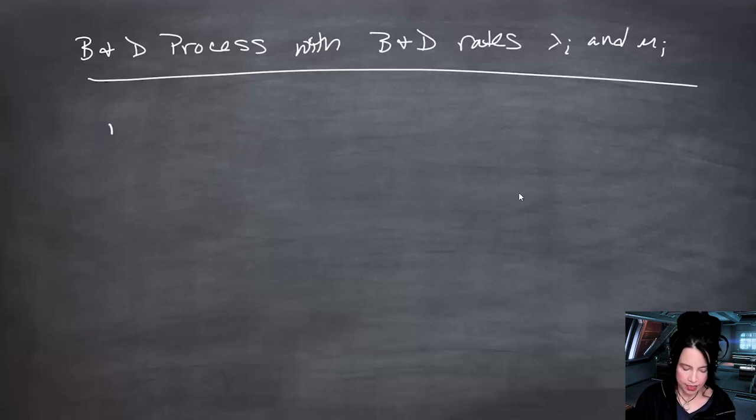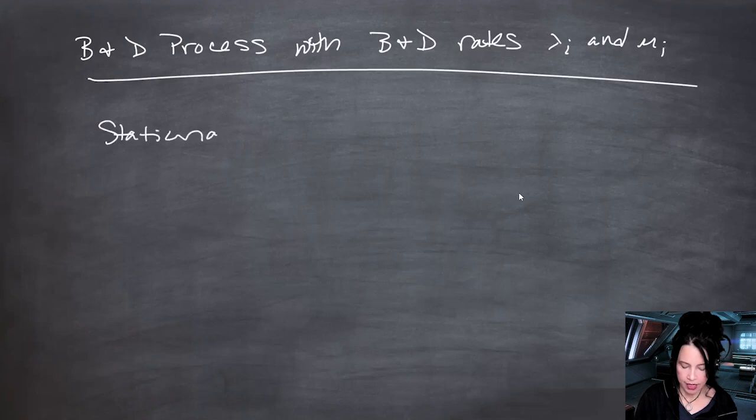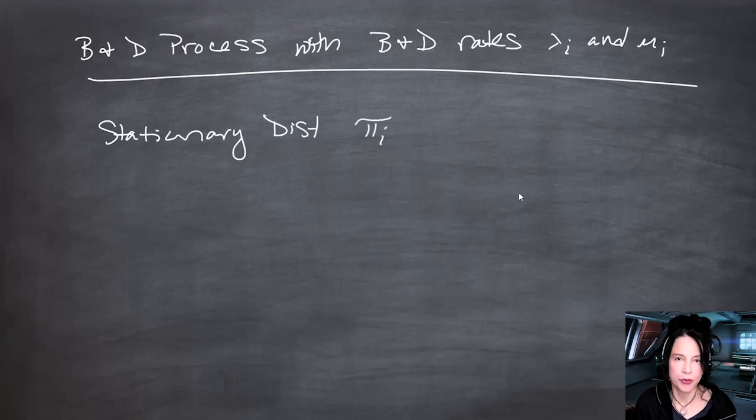A stationary distribution is going to be a pi, and it will have a discrete subscript because the y-axis is discrete here.